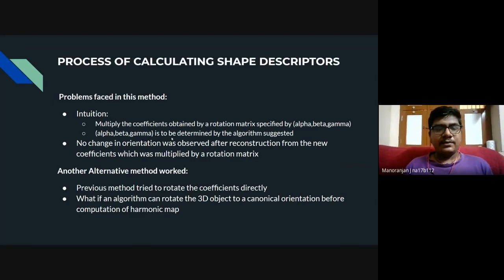So we'll be trying to reduce one of the shape coefficients to some value, and whatever alpha, beta, gamma we get is based on how we are trying to eliminate those coefficients. So doesn't it indirectly reflect how the shape has to be?